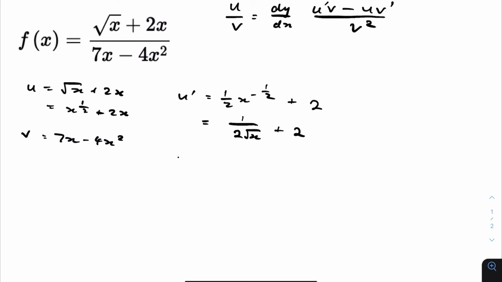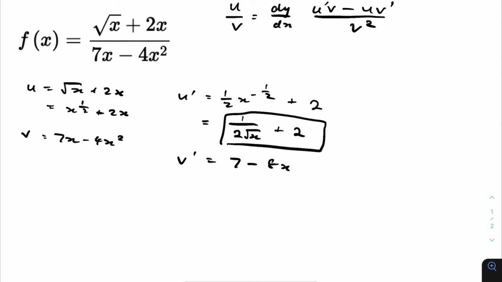And then v prime is 7 minus 8x. Okay, so now we have all our terms that we need. I would actually write this as a fraction to the same denominator. So I'd make this 1 plus 4 root x divided by 2 root x, just to make it a little bit easier. So now we've got all our values.